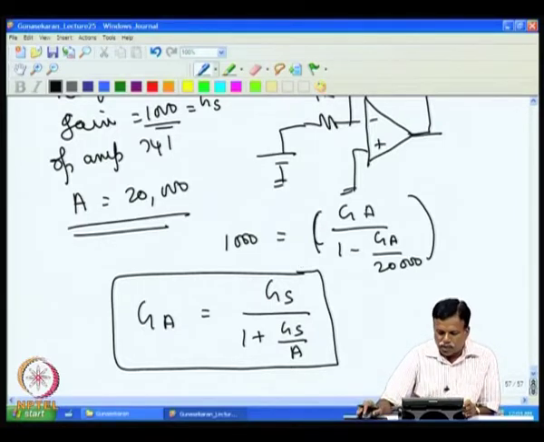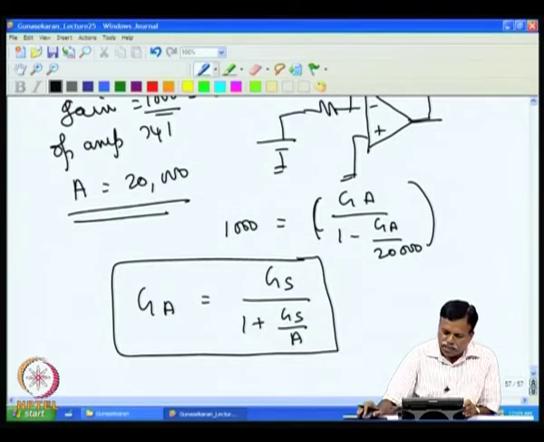There is no problem, you can rearrange the terms and you will get it in this form. So, the actual gain can be obtained in terms of set gain.